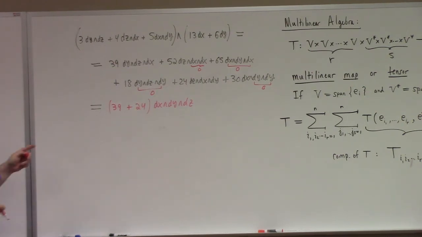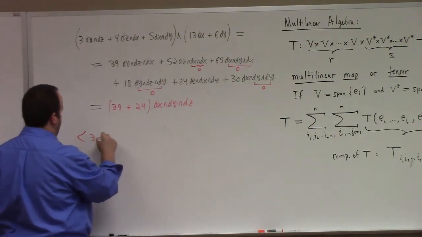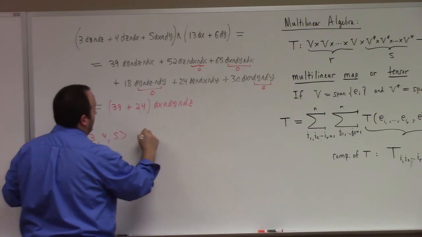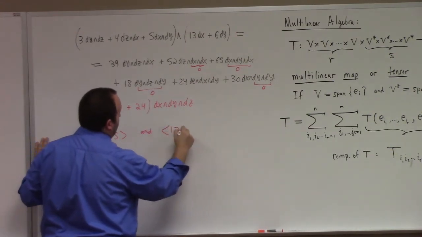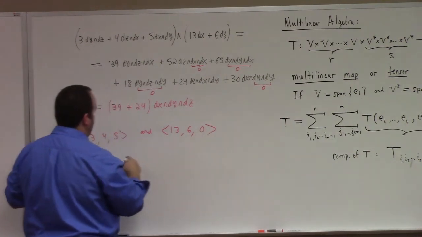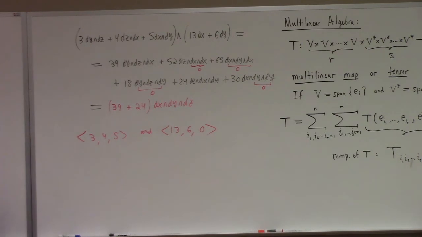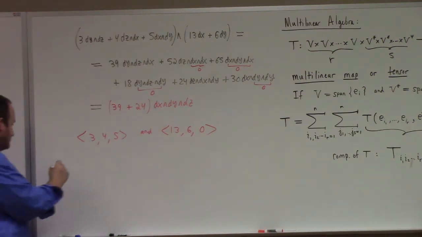What's the significance of this number? How does this relate? If we look at the vectors (3, 4, 5) and the vector (13, 6, and of course there's 0 dz's), how do you get from these two vectors to that? Right, it's the triple product. Conjecture.